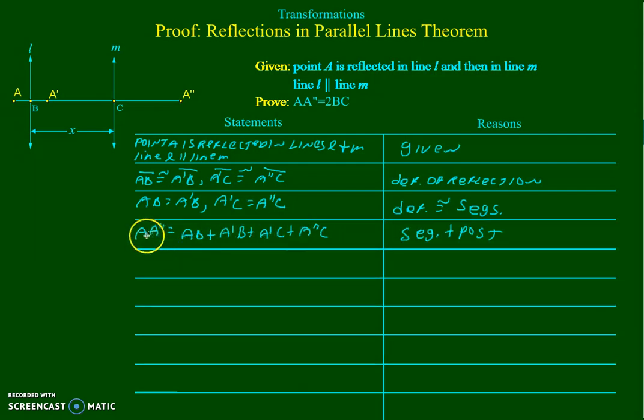Now again, we want to relate A double prime to terms that include BC. Well, BC is made up of A prime B and A prime C. So here we have an A prime B, and we know from this statement that AB is equal to A prime B. So I'm going to do a substitution of this into here, and we know that A double prime C is equal to A prime C. So I'm going to do that substitution down here.